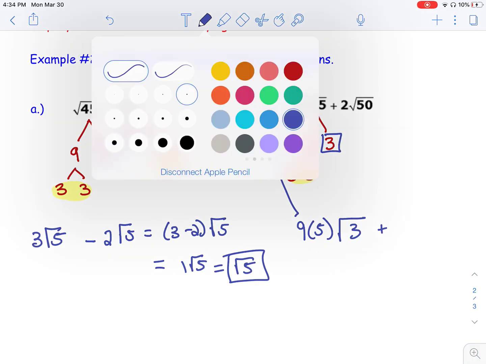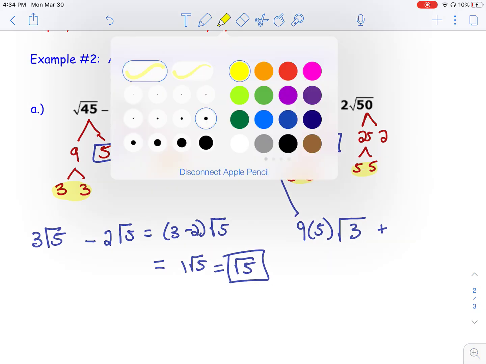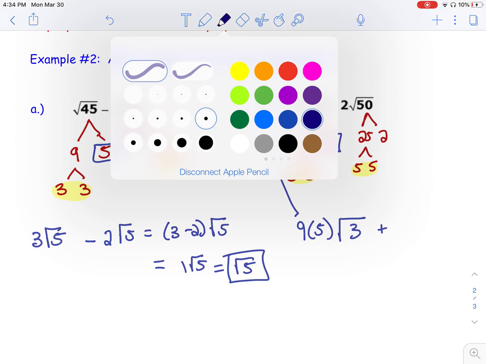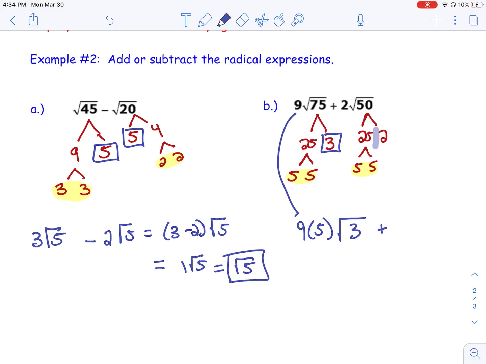I'm going to add to that whatever this simplifies to, so I get 25 times 2, my pair of 5 and 5, and I can go ahead and leave my 2 underneath.